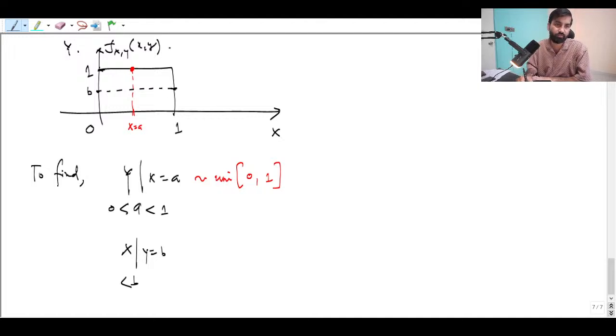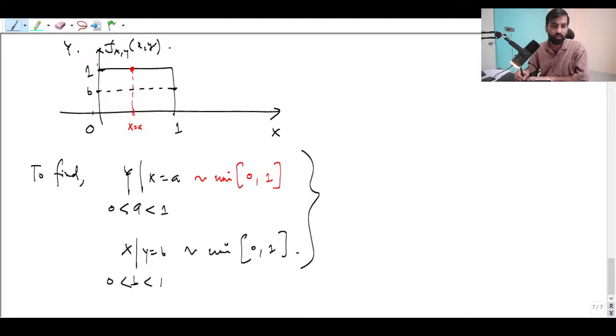So the conditional density function also comes out to be uniform whenever the region of support is the unit square. So life is very simple.